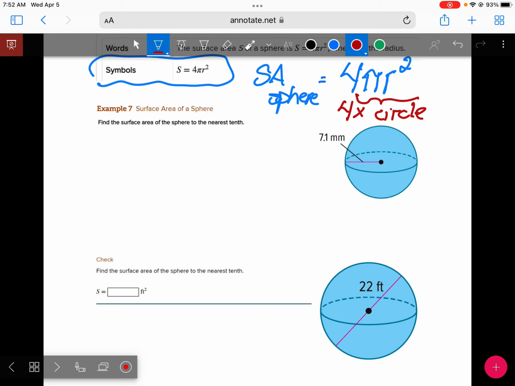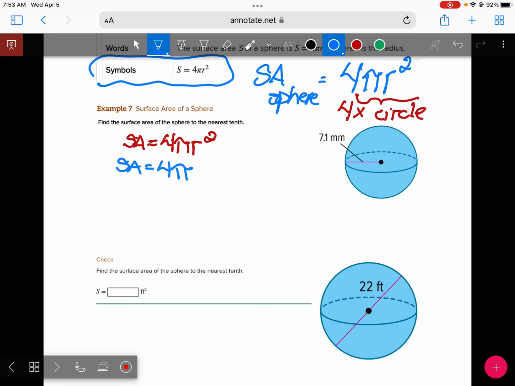So let's try that. Surface area of a sphere is 4 pi r squared. Always start with the formula, okay? And then substitute in 4 times pi.